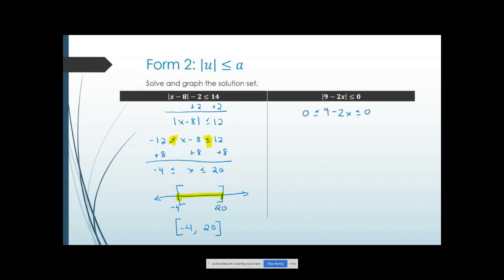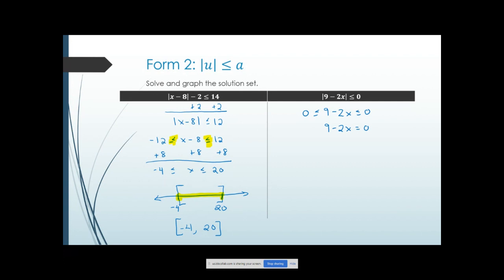So what we have here is 0 is less than or equal to 9 minus 2x, or less than or equal to 0. Well, the only way for 0 on the left to be less than or equal to 0 on the right is if they're equal. So basically we're saying 9 minus 2x is equal to 0.